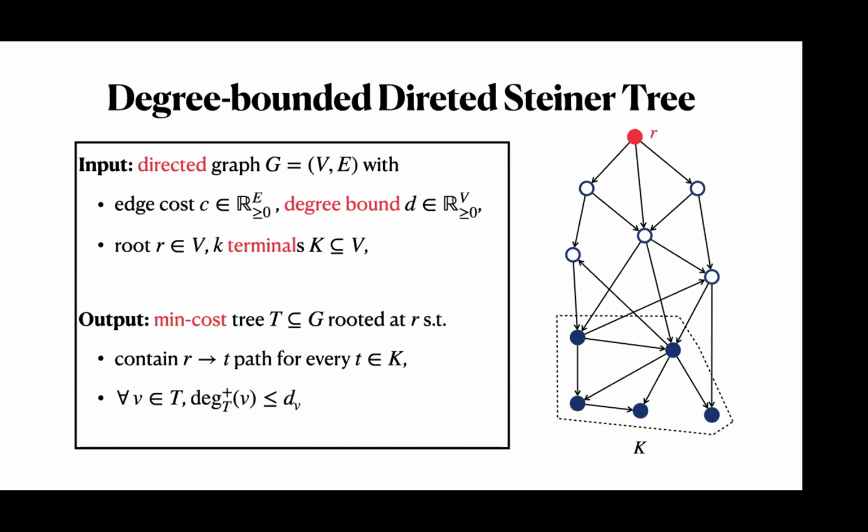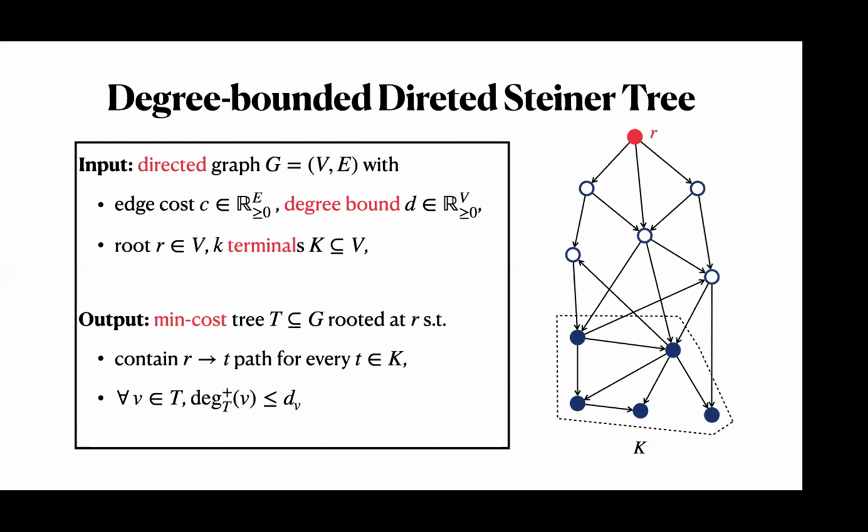And in this paper, we studied two problems. The first one is degree-bounded directed Steiner tree. The input is a directed graph G with some non-negative edge cost and a degree bound. In addition, we have a root R and some K terminals, which are just a subset of vertices.